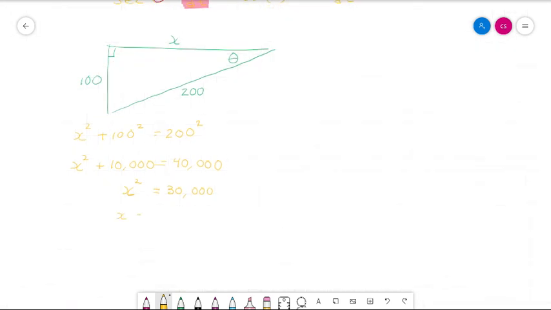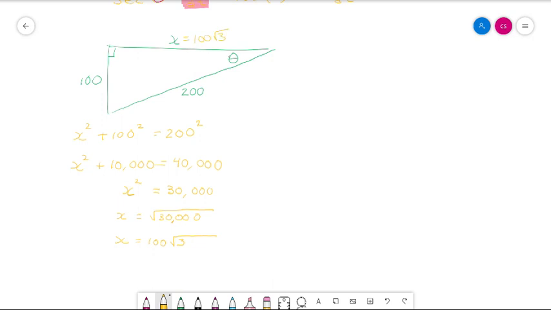So square root of 30,000. And I'm just going to simplify. I'm not going to approximate with our calculator. For instance, there's a copy of 10,000 in there, right? Because 30,000 is 10,000 times 3. And the square root of 10,000 is 100. So we can think of this as 100 root 3, right? Just simplifying square roots.